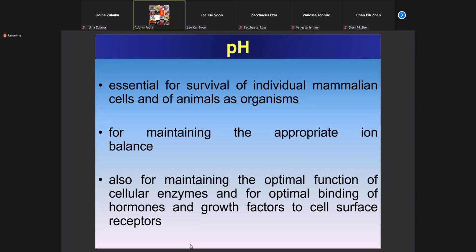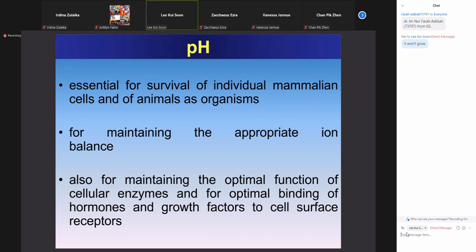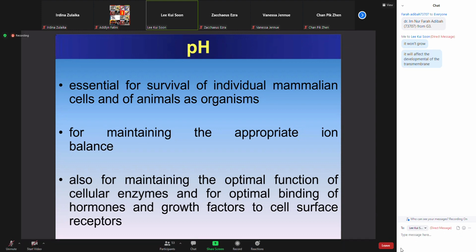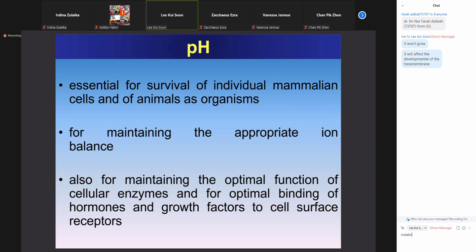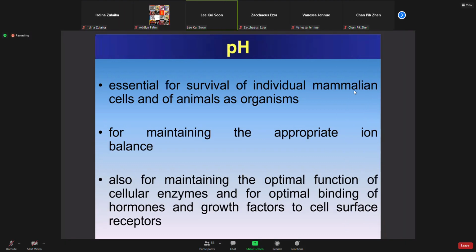So what happens if the pH changes? The protein will denature. Denature because of the temperature, but with a pH change the protein cannot bind to the receptor. The shape of the receptor may change.